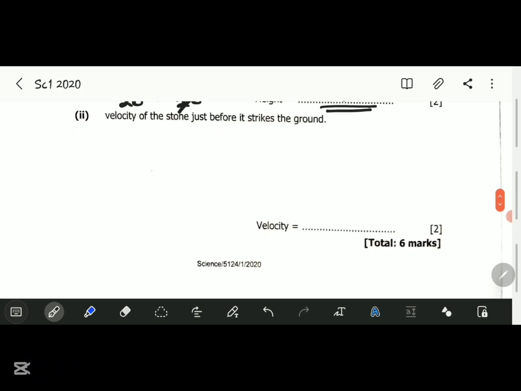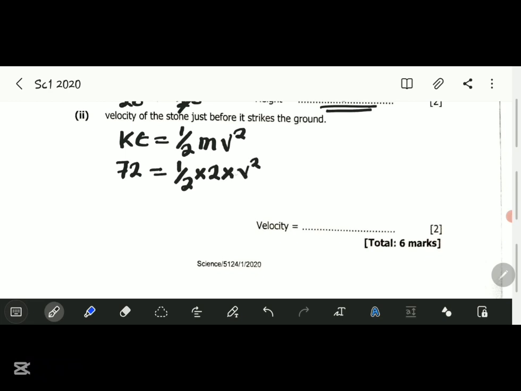We now start. We know that kinetic energy is equal to half mv squared. So we have kinetic energy, which is 72 joules, equal to half multiplied by the mass, which is 2 kilograms, multiplied by v squared.